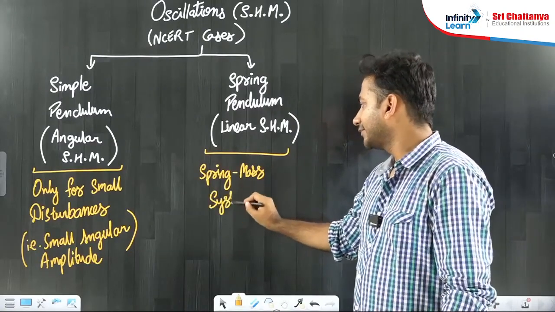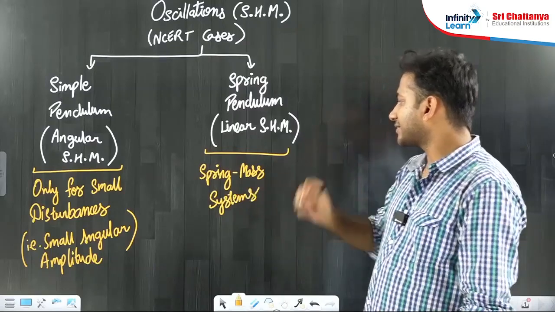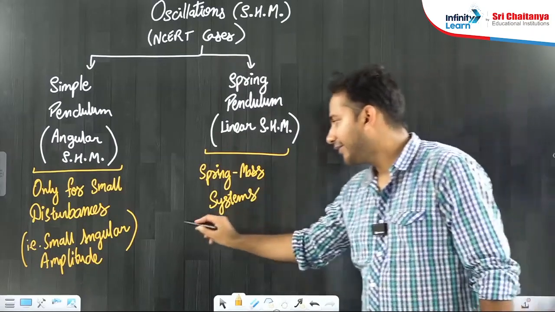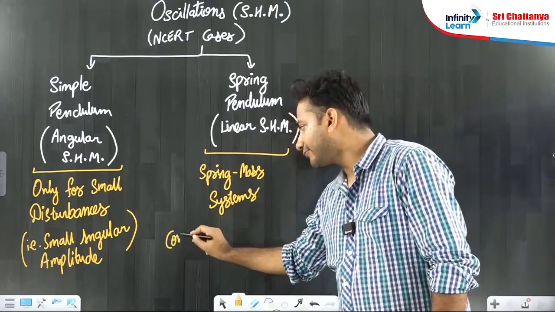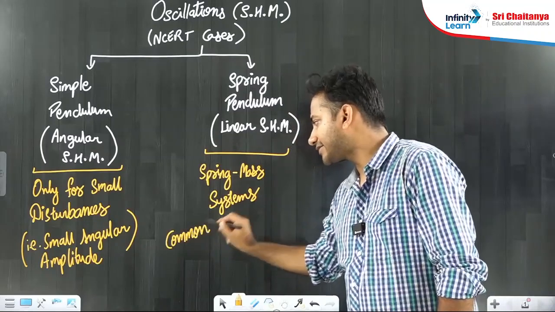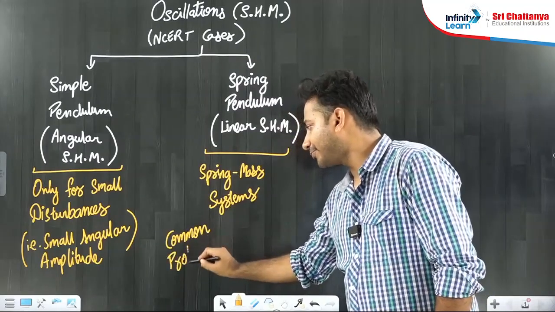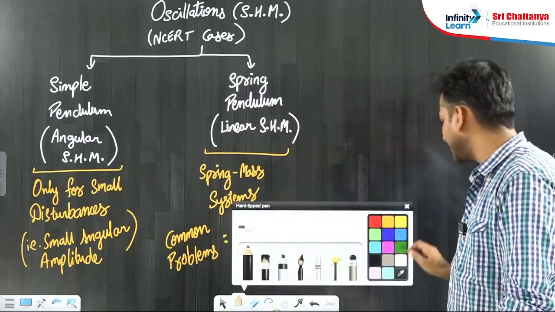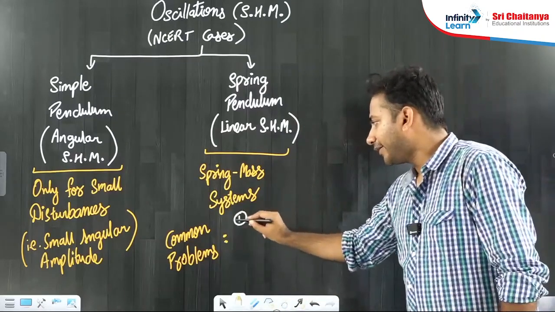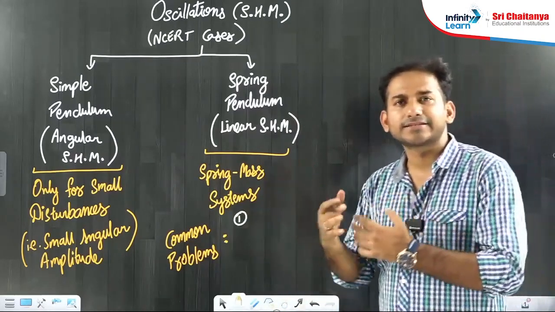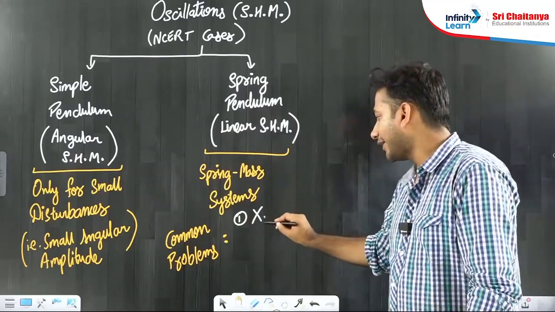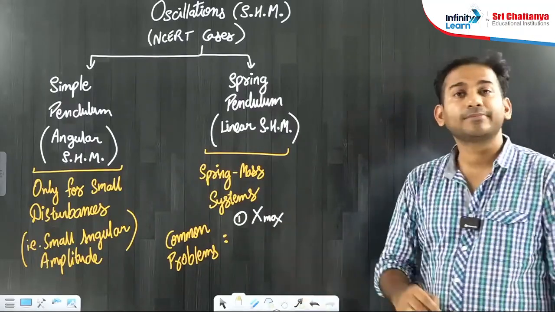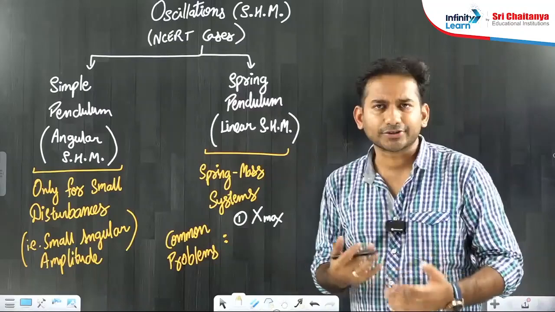The common problems for NEET in the spring mass system are to find three things. Number one, in the NEET exam, in a spring mass system, they generally ask you X max, maximum extension, maximum compression.